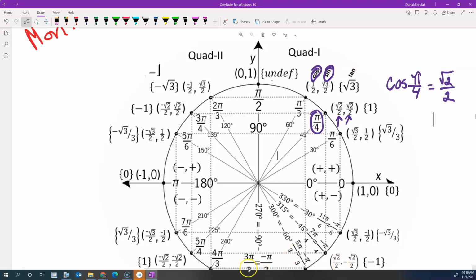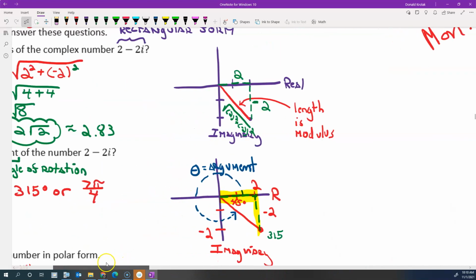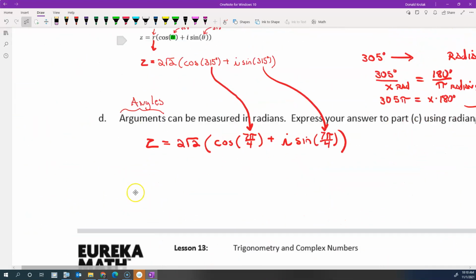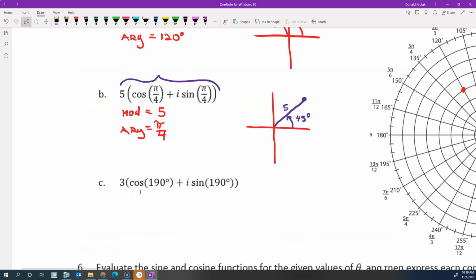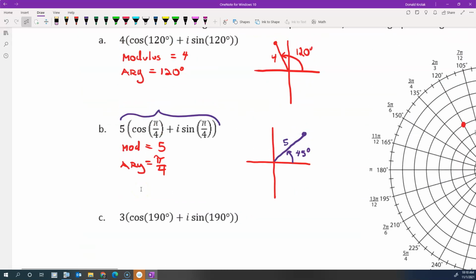So this problem is identical to 5 times, the cosine of pi over 4, which is root 2 over 2, plus I, and the sine of pi over 4, which is also root 2 over 2.